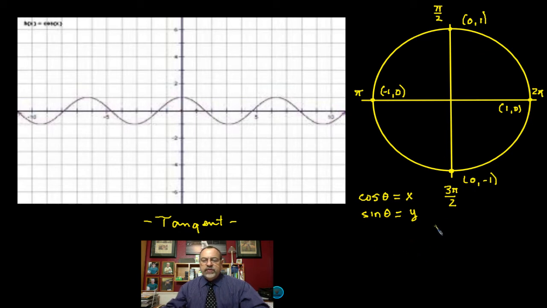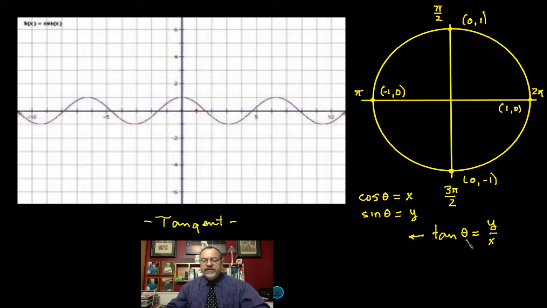Now, if you remember when we were evaluating these other ratios, the tangent function is the y value over the x value. So we would take the y value over the x value, and at this point you would see 1 over 0 would be undefined. So the tangent is undefined here. In a moment, hopefully you'll see even more clearly why that is.